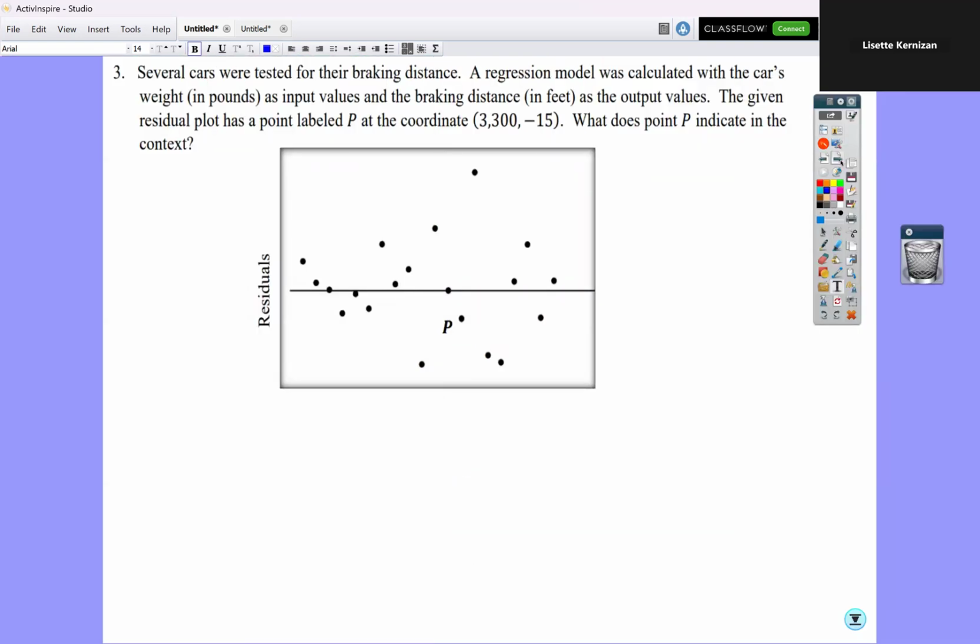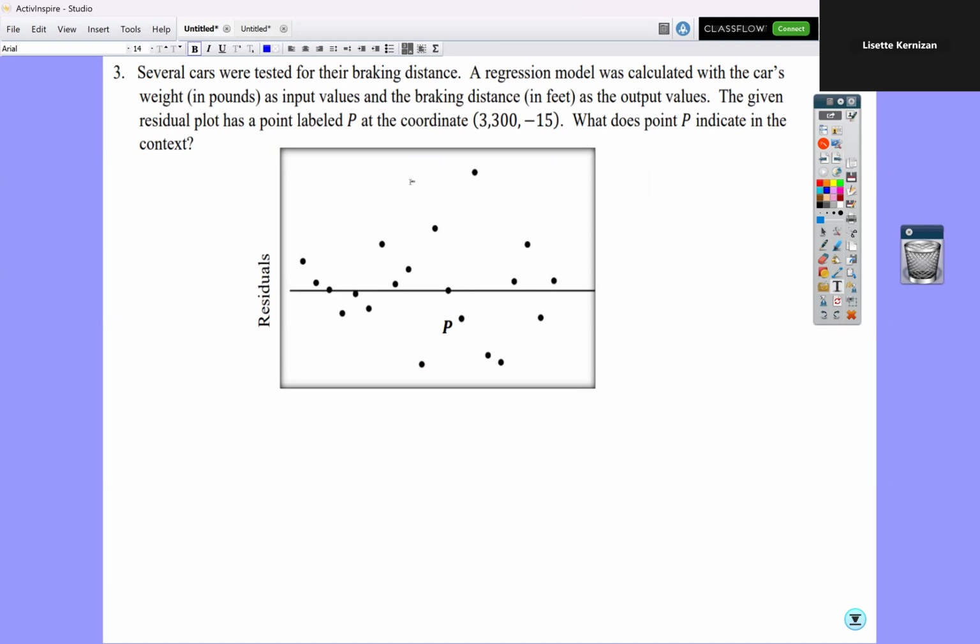So this question right here is saying several cars were tested for their braking distance. A regression model was calculated with the car's weight in pounds as input values and the braking distance in feet as the output values. The given residual plot has a point labeled P at the coordinate 3,300 and then negative 15. So what does point P indicate in context?